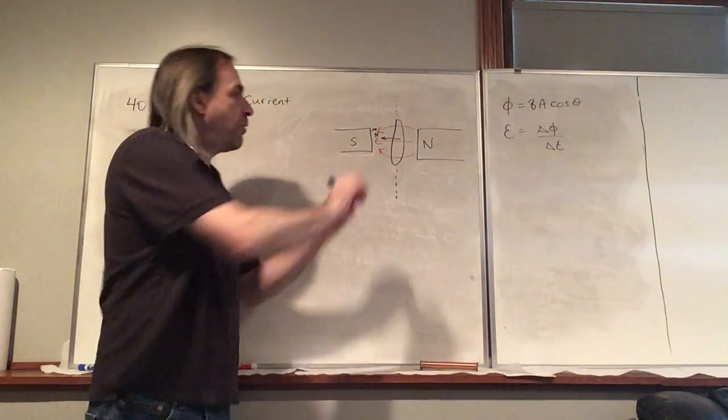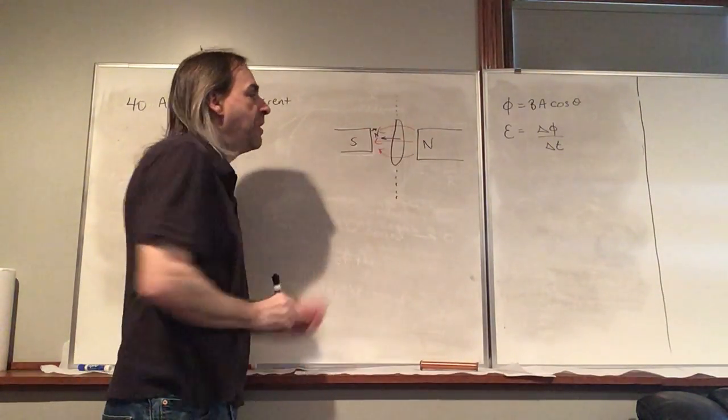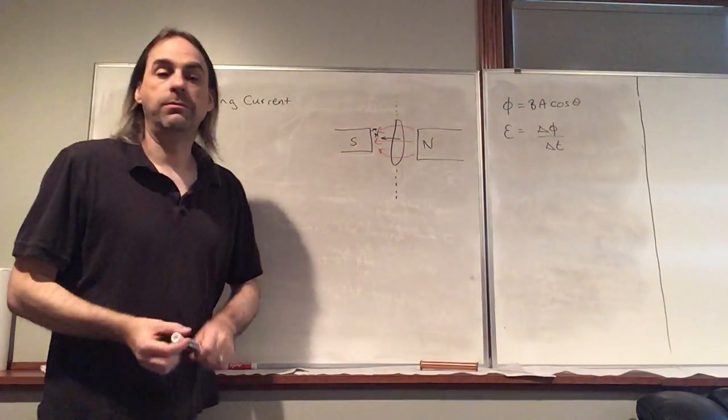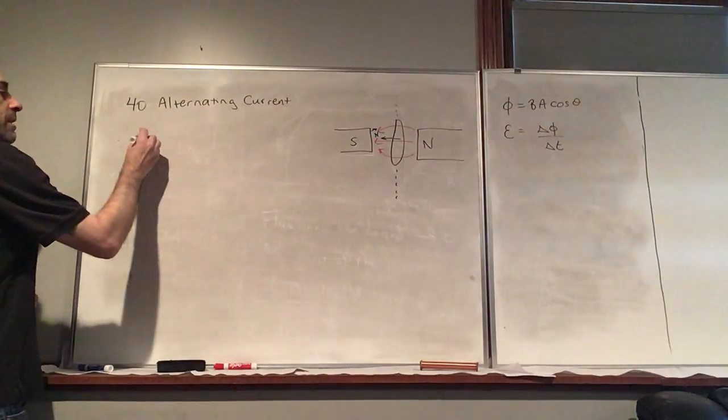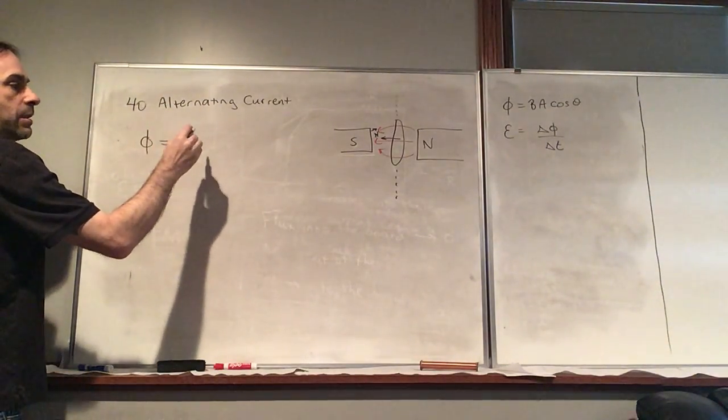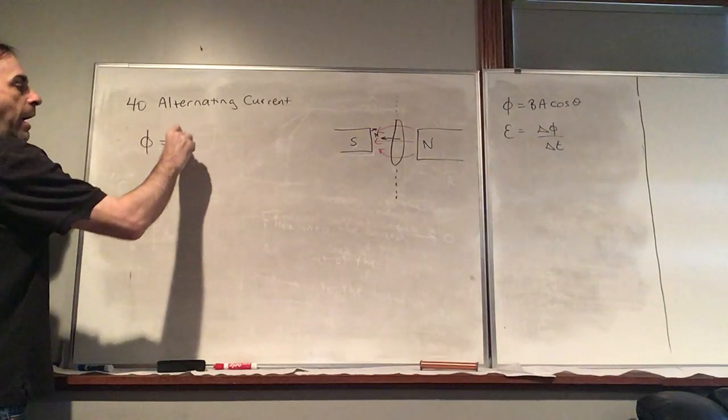And so what happens if we rotate this coil? Right now, let's look at the flux through this coil. So I'm going to say that the flux is NBA.